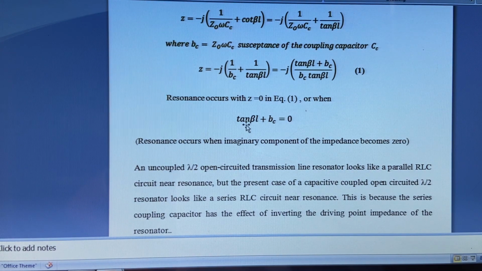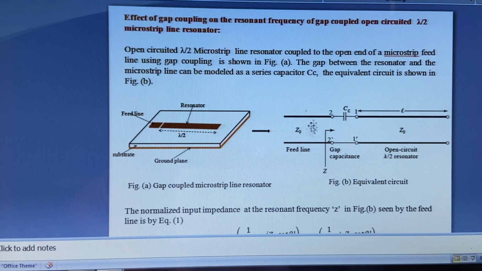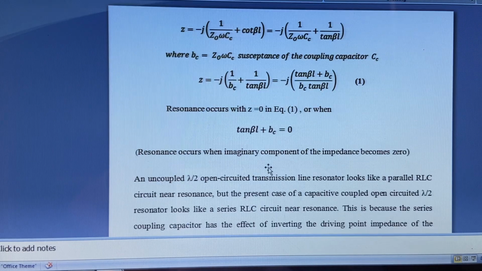Also at the resonance, this must be equal to 0. Then resonance will occur. So tan beta L plus BC must be equal to 0 to get the resonance. So for this coupled circuit, tan beta L plus BC must be equal to 0 to get the resonance.